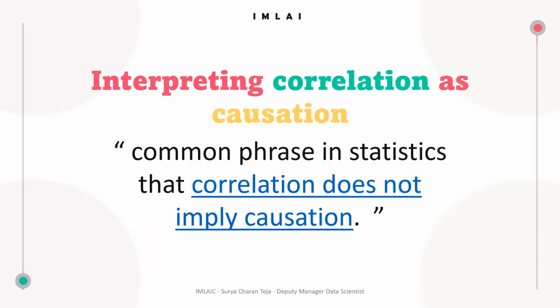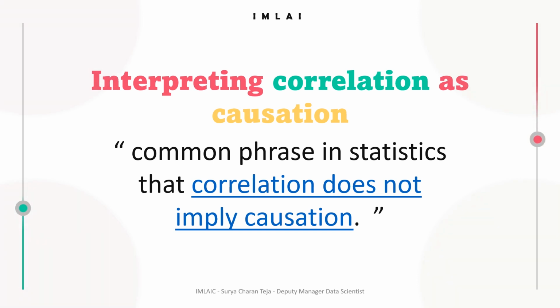Now the most important aspect I want to discuss before we move on to another topic: interpreting correlation as causation. This is not so much an issue with creating a scatter plot as it is an issue with its interpretation.